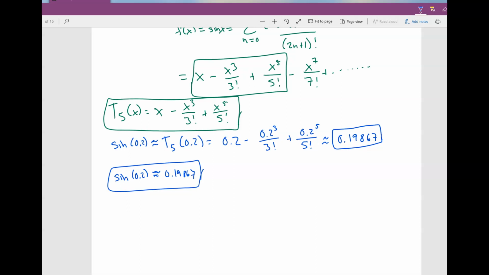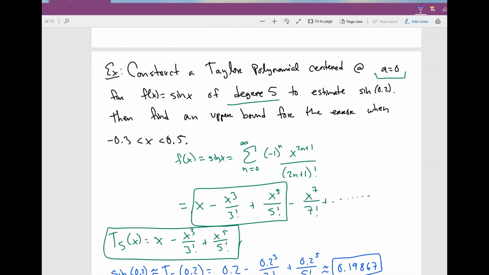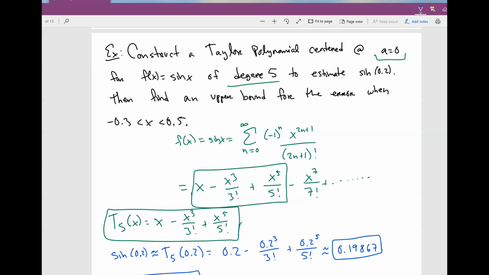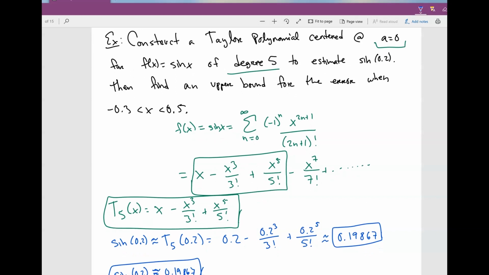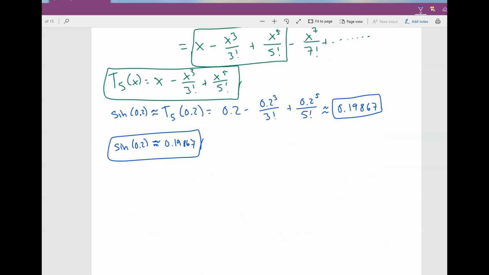This is what I'm going to get. Something to know is that the error is not that bad. 0.2 is really close to 0, so you can imagine that my values are not going to be as far off. I'm also using a degree 5 polynomial, so I increased the degree, and it's going to be a lot better estimate. So this is what I got.